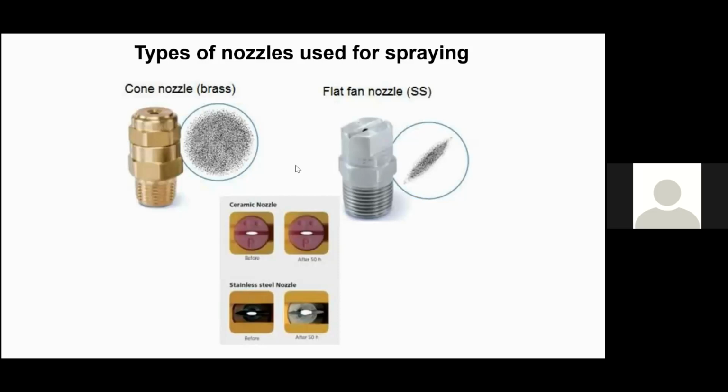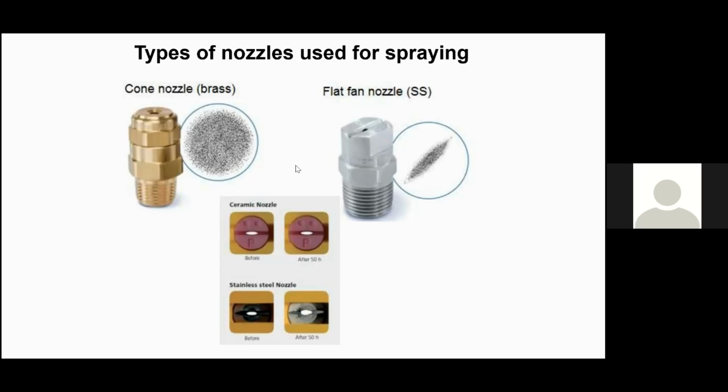So when we use the ceramic nozzle, you can see the small four pictures. There is very little wear and tear with the ceramic nozzle. Before and after 50 hours of use, you can see there is hardly any change in the dimension of the orifice in the nozzle.